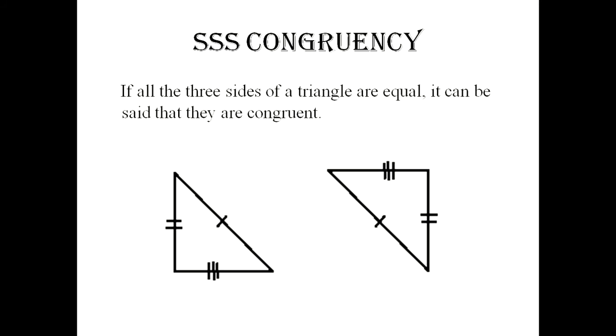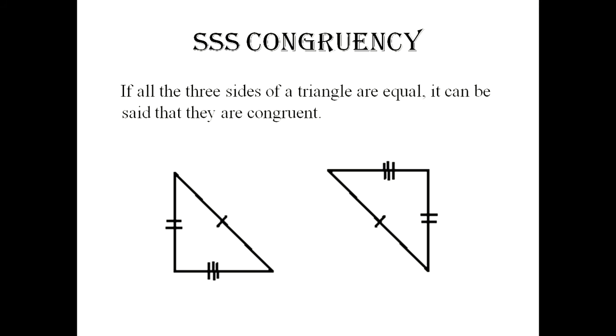Now we will briefly learn what SSS congruency is. If all the sides of a triangle are equal, it can be said that they are congruent. So that means here in the two diagrams, we can see that both the diagrams are in different order.